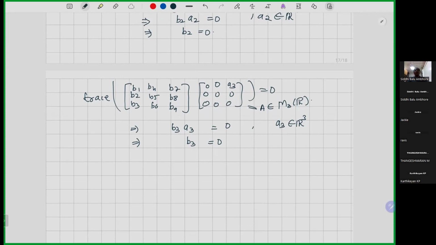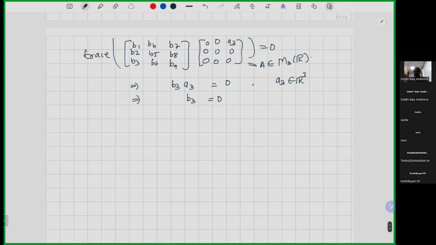And if you continue to do that, I guess you will get that B3 has to be 0 and so on. And you will end up getting elements which satisfy a certain condition.